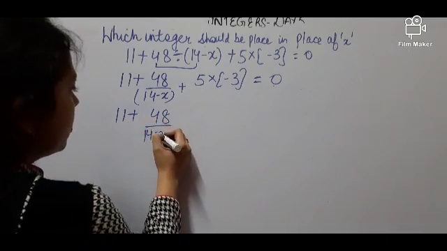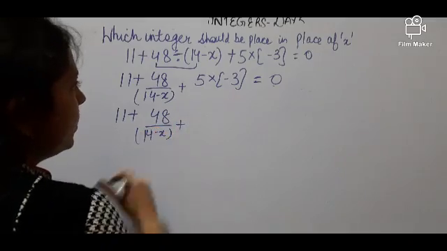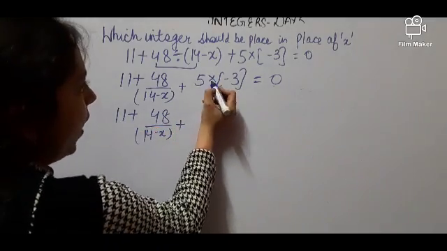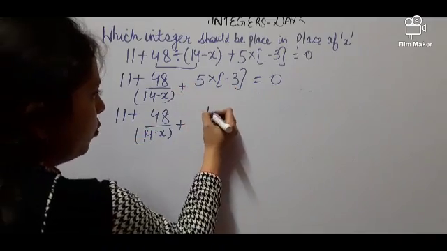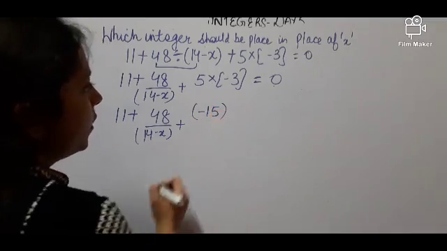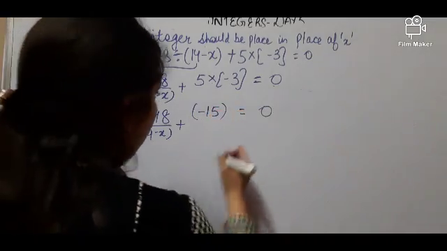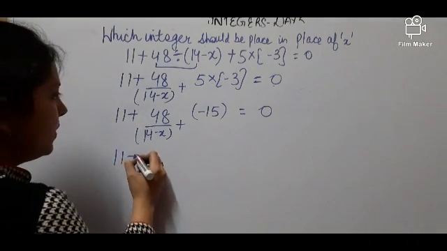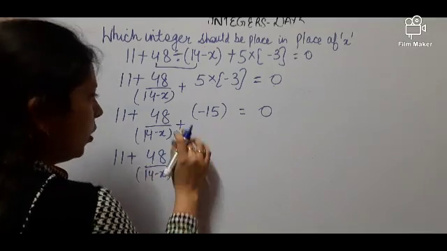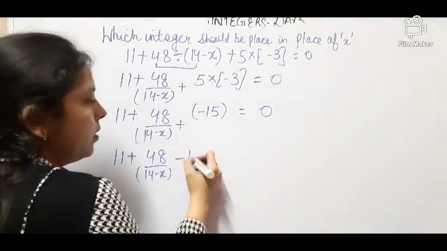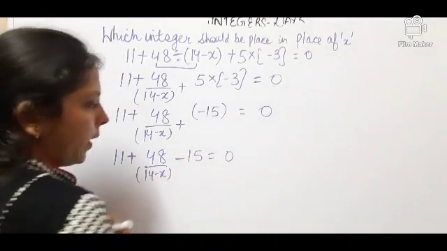So next we have to do this multiplication. 5 times minus 3 gives you minus 15, and it gives us minus 50. Now we will solve the bracket. As a positive sign is here, there will be no change in the bracket.